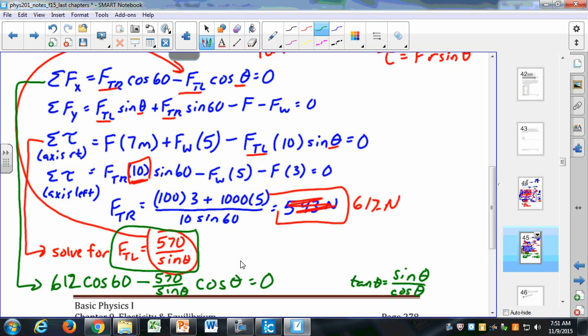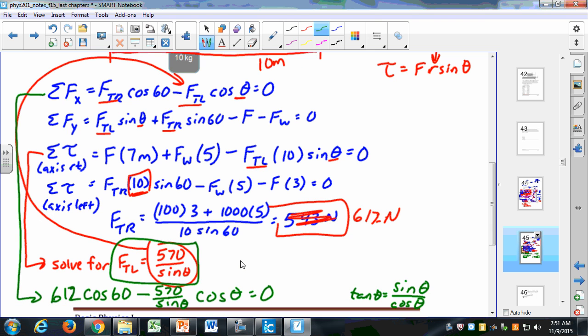Oh shoot, I'm sorry. Does anybody know what it is? I had a mistake because I carried over my number. Let me show you. So here I'm solving for FTL from this equation right here.